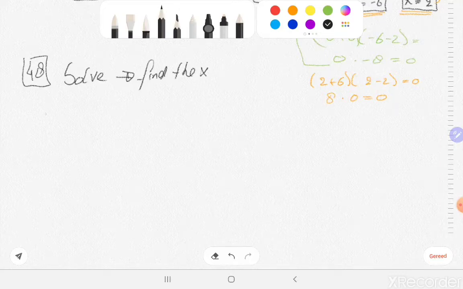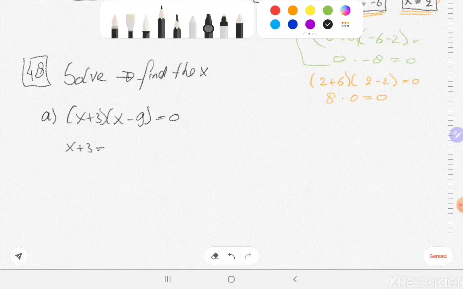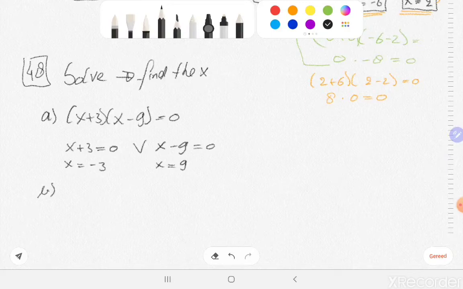Let me have a look at A. You get x plus 3 and x minus 9 is equal to 0. So x plus 3 needs to be 0, or, and that's the or symbol, x minus 9 needs to be 0. Now use the balance method, so this one is x is minus 3 and the other one is x is equal to 9. So that's exercise A.